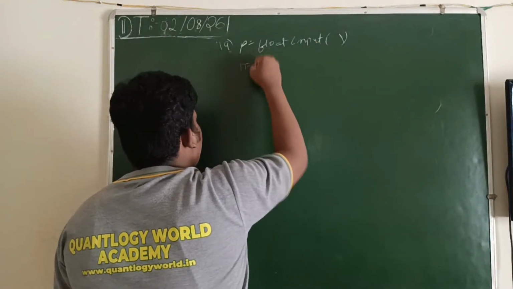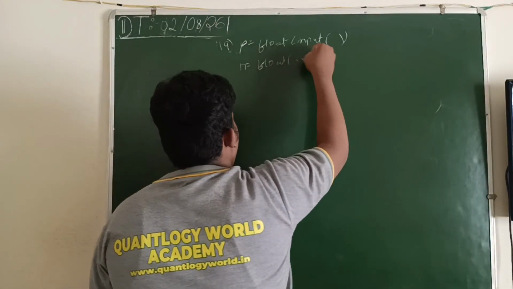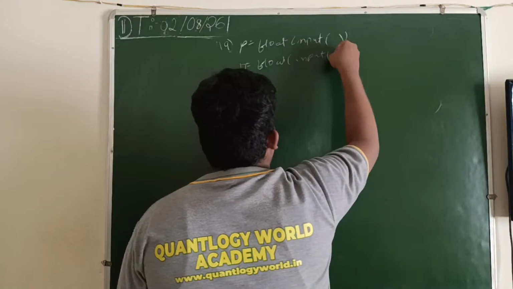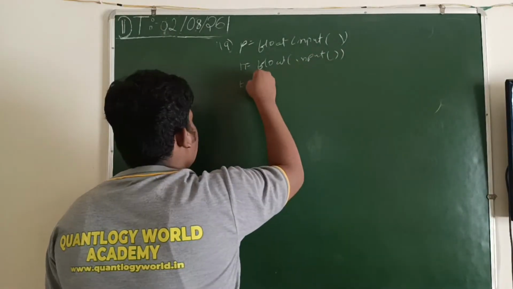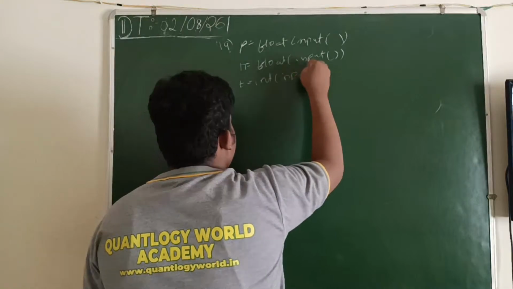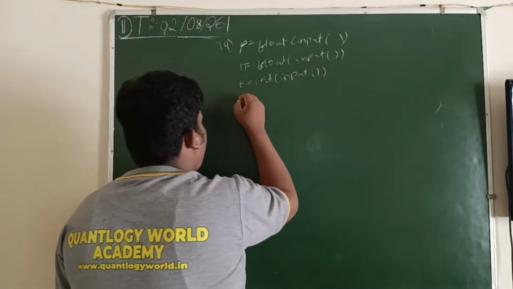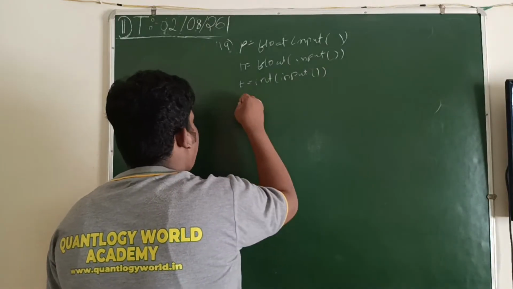Rate percent is also equal to float input. Time is int input. Then we'll calculate simple interest.